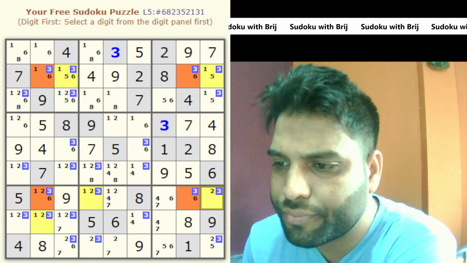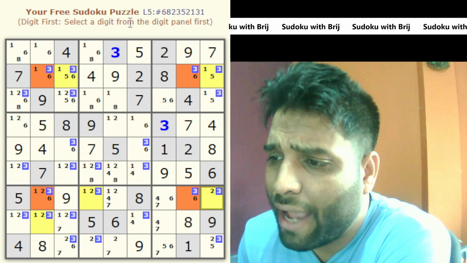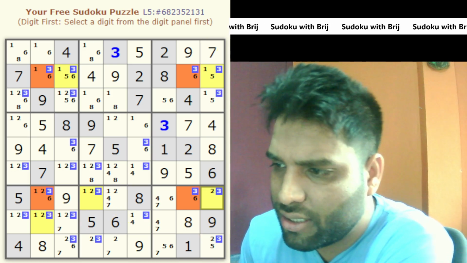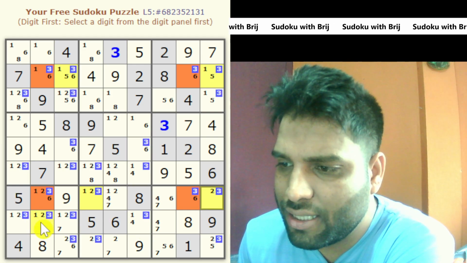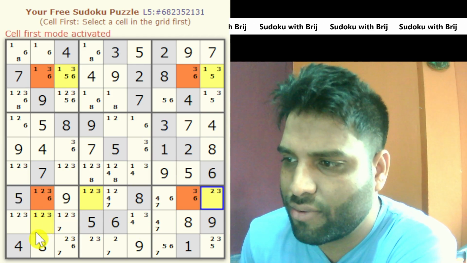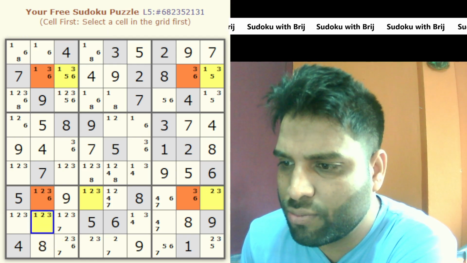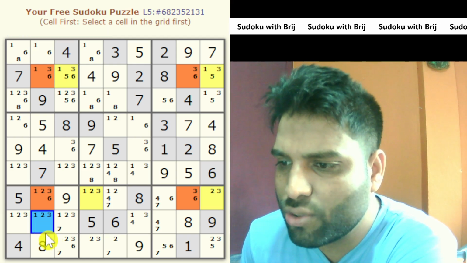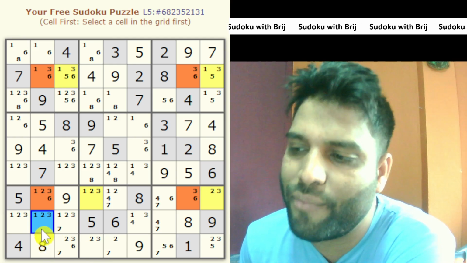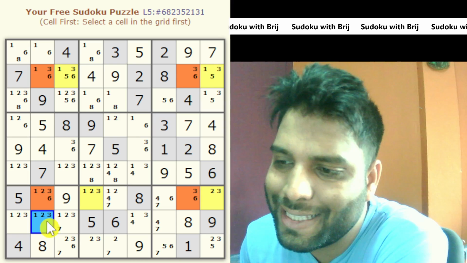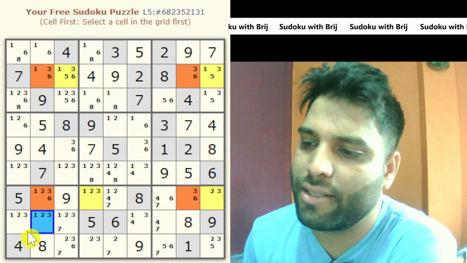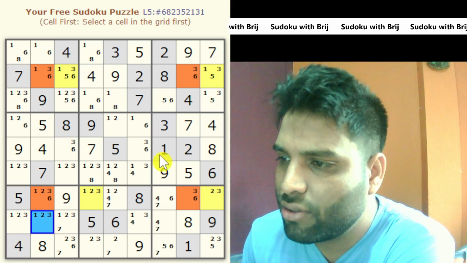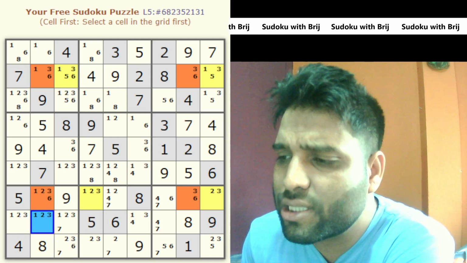Now I have made an assumption that this cell is not 3. I assume that this blue cell is not 3. But what will happen if this cell is 3? So let's assume that this blue cell is 3.